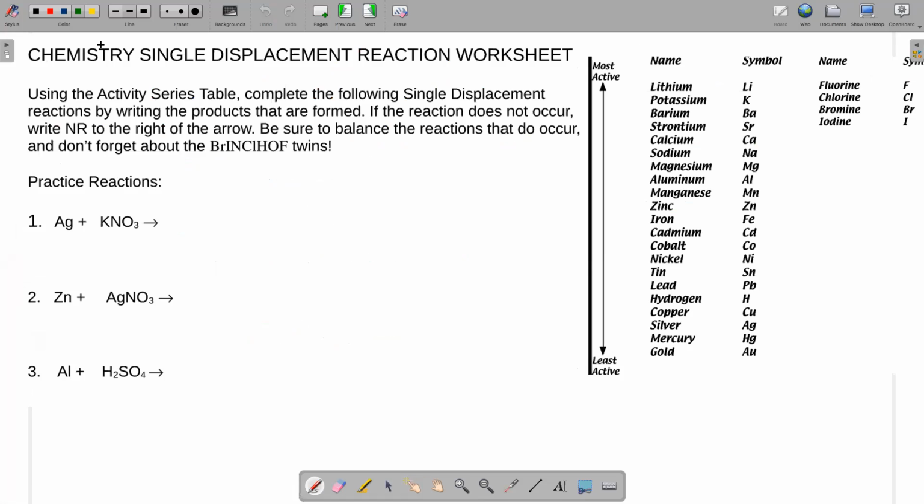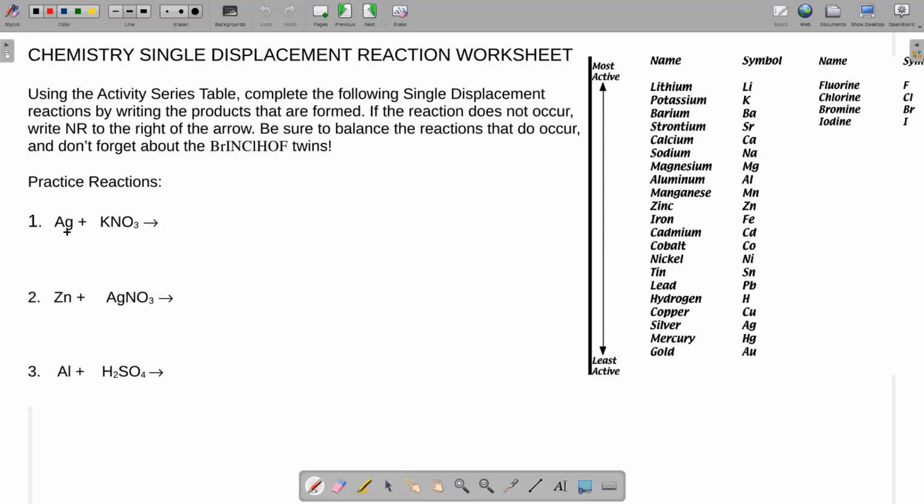You've got the activity series, which you use to determine whether or not the reaction takes place. Then if the reaction takes place, you write the products correctly and get the equation balanced. I'll do a couple with you here, then you have to practice this.